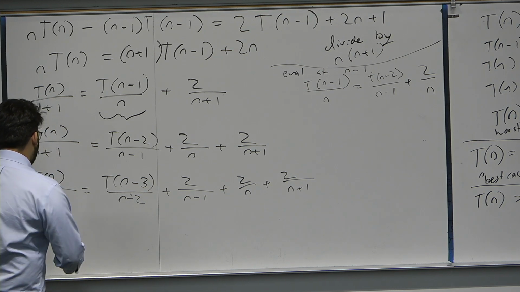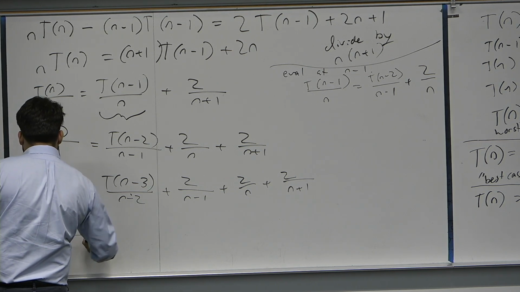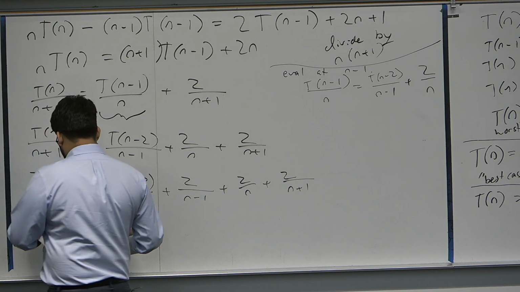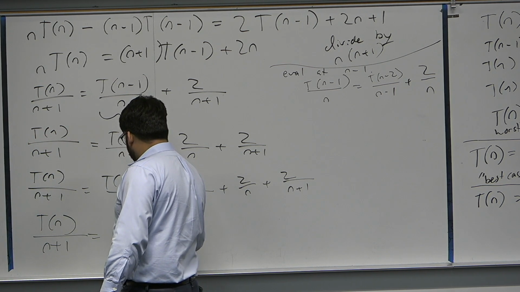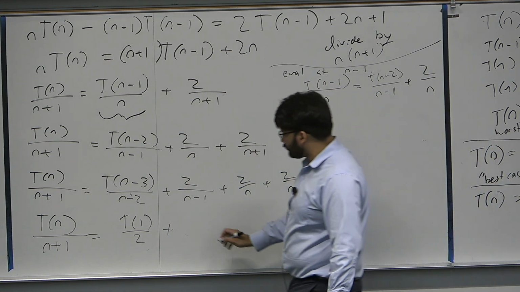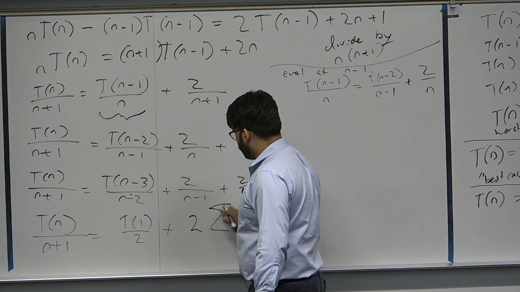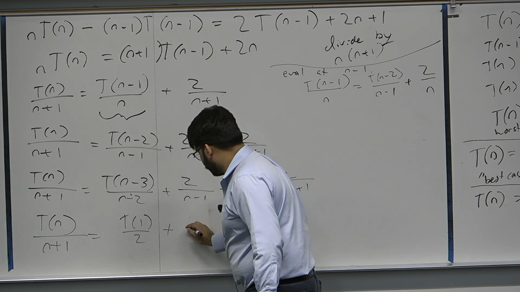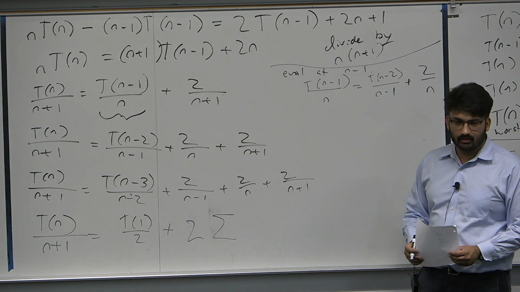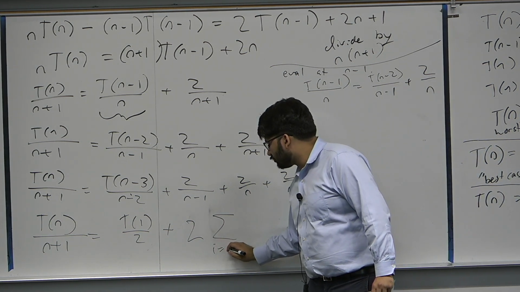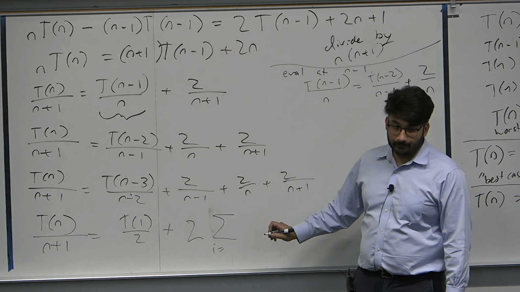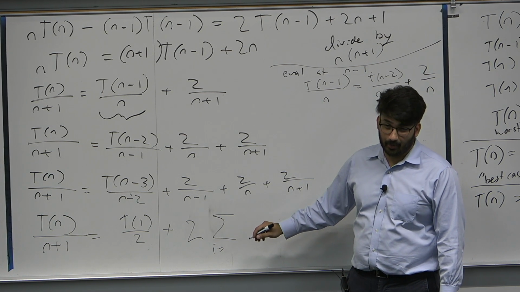It's adding a bunch of terms out there, right? So let's bottom out. T of n over n plus 1 is equal to what? T of 1 over 2 plus, so that's going to bottom out. And what's our sum going to be? Let's call it 2 times what? The sum is going to be from what to what? Let's say i equals, what's our lower bound? It's actually not particularly important.